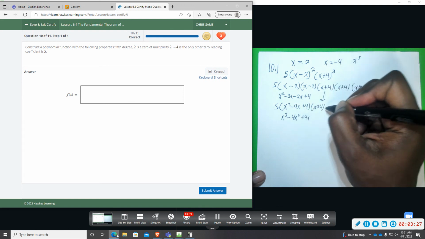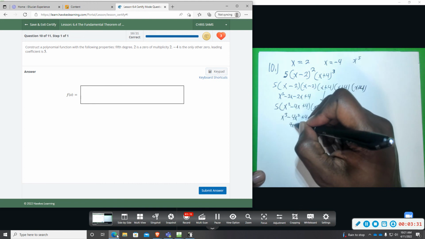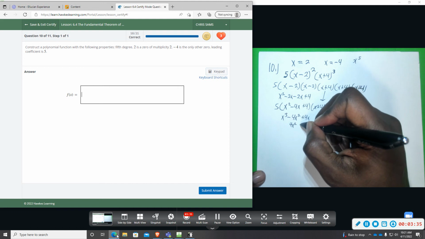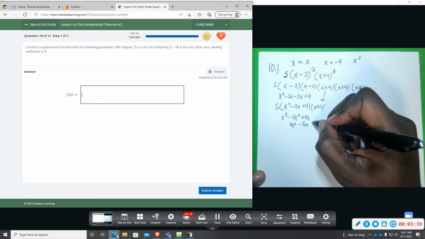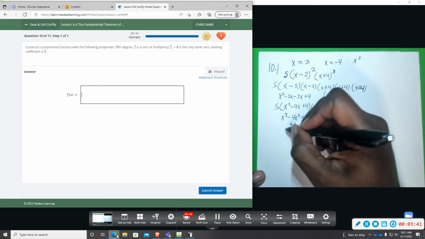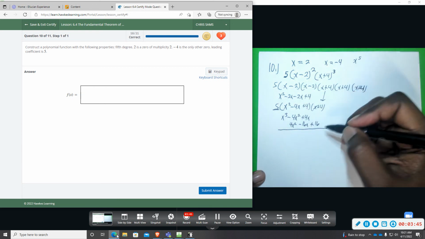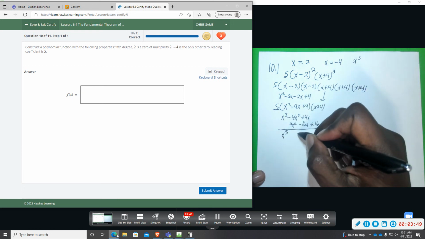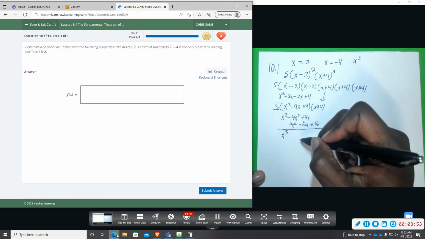So that's the x. Everything by 4. So 4x squared minus 16x plus 16. I'm just going to leave that 5. I'll keep bringing it down and I'll do it at the end. So I get an x to the third, and then that will cancel completely.